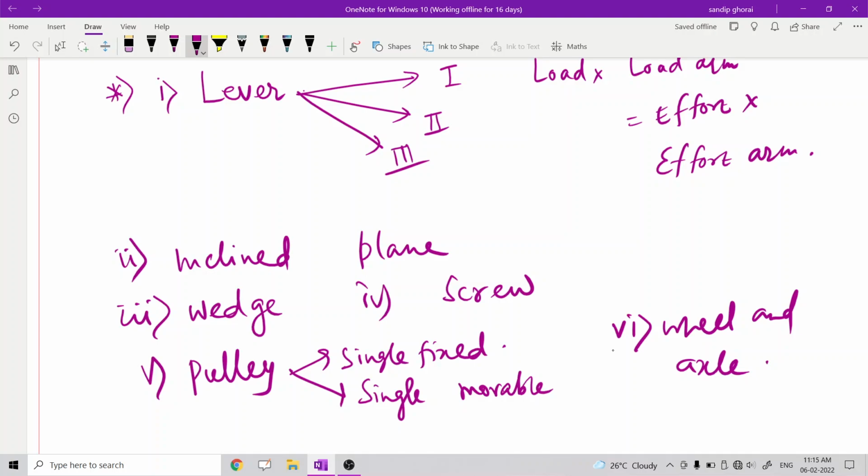Now the question is: what is a screw, or what is a wedge? A wedge is a double inclined plane such that two sloping surfaces taper to form a sharp edge.